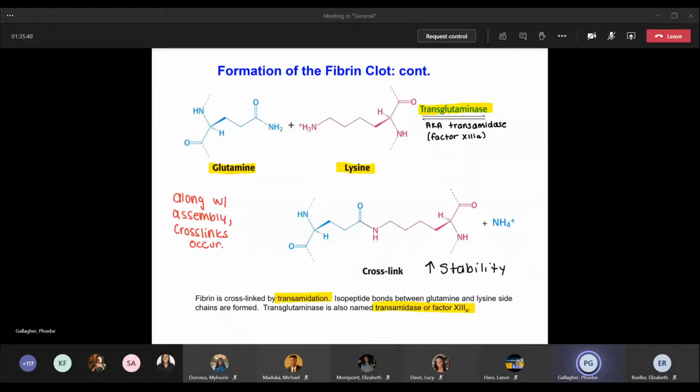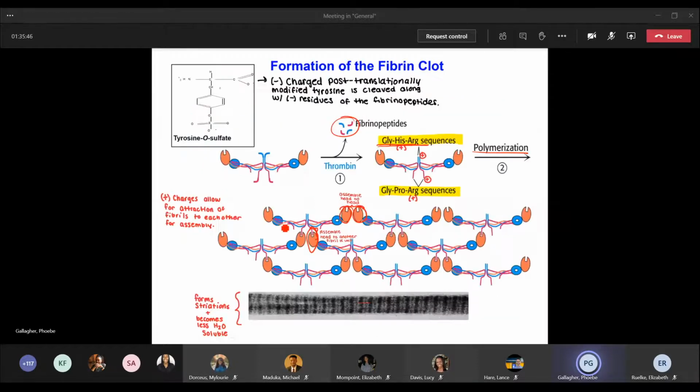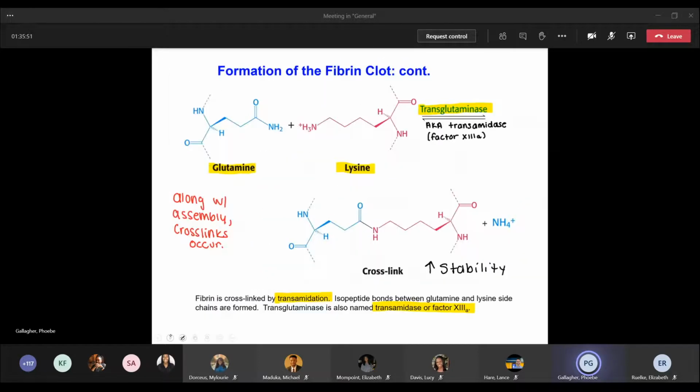And then just like collagen, you're going to have cross-linking between the fibrils. So I'll show you. The cross-linking would occur between the different molecules, and that's what's going to allow it to increase in stability. So it's very similar to how collagen is formed. I would know which 2 amino acids are associated with this.